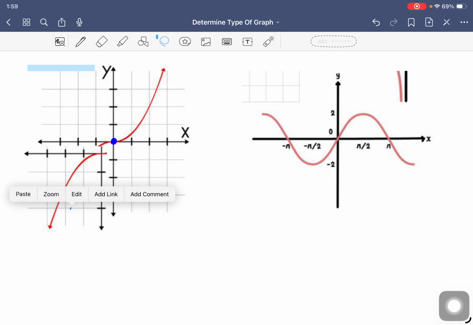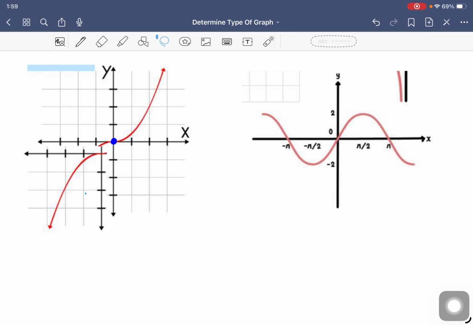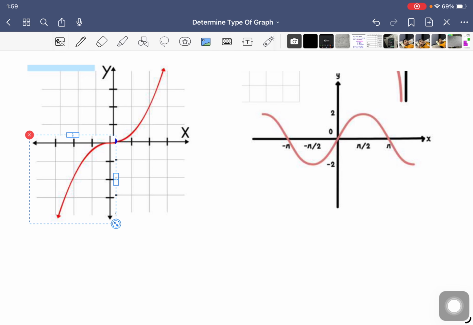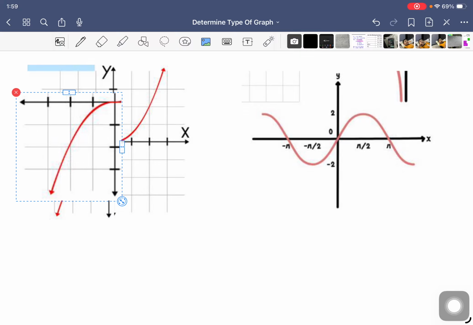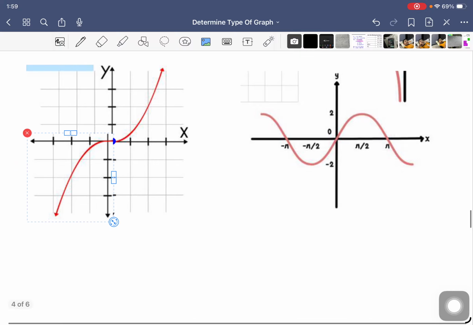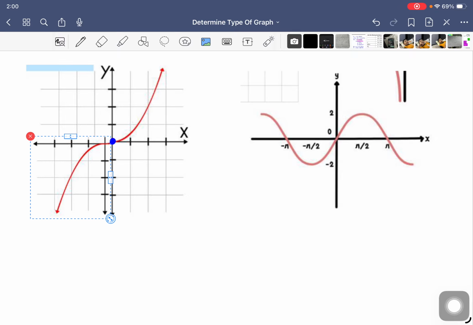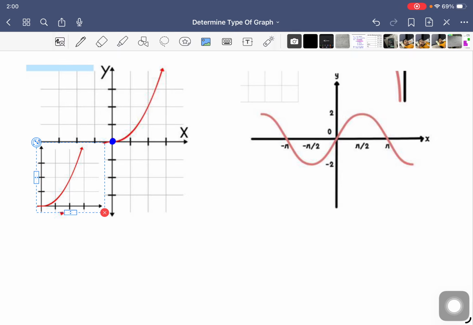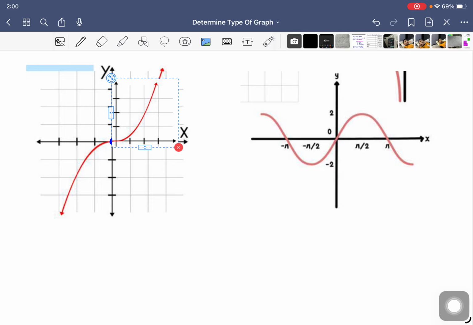Now we want to see the symmetry about the origin. This graph will be moved to the upper side. It means that we rotate the graph, just like the rotation of the graph to the upper side. So it will become like this. That is what we mean by symmetric about the origin.